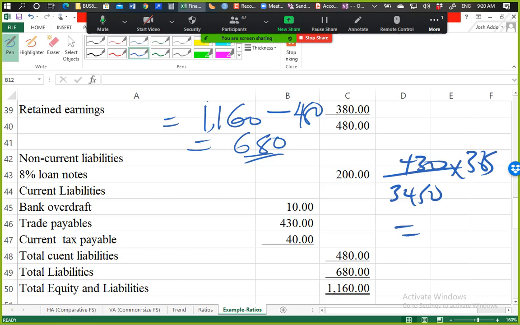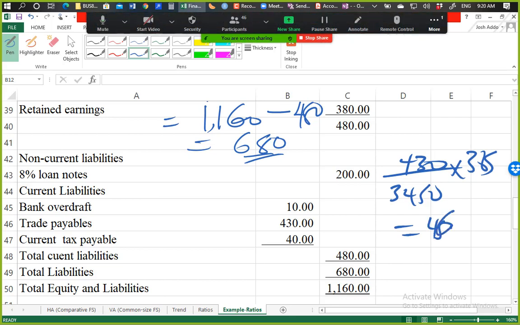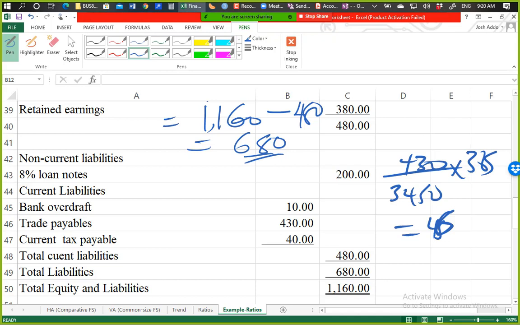What's the number of days? 45.5, approximately 46 days. So that is 45.49, approximately 45.5. Approximately 45 days. 45 days.